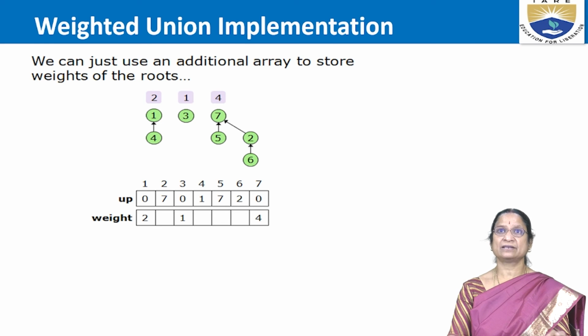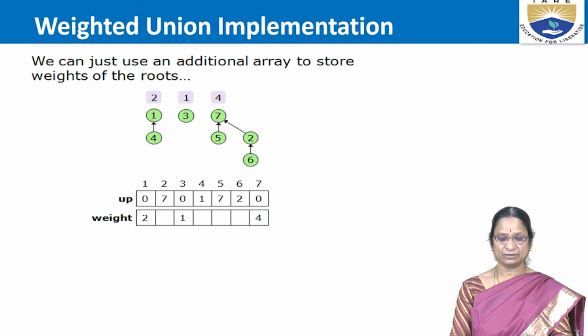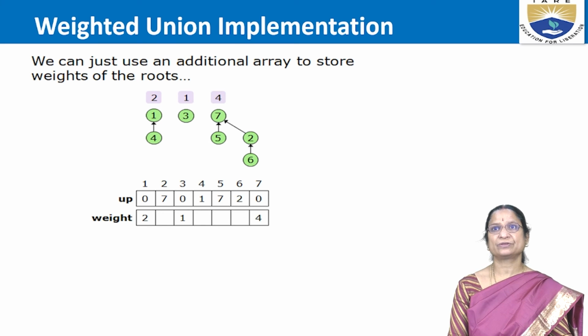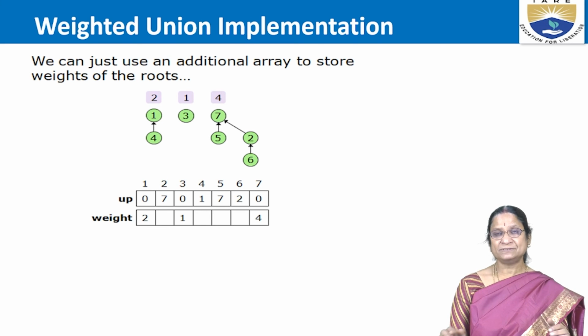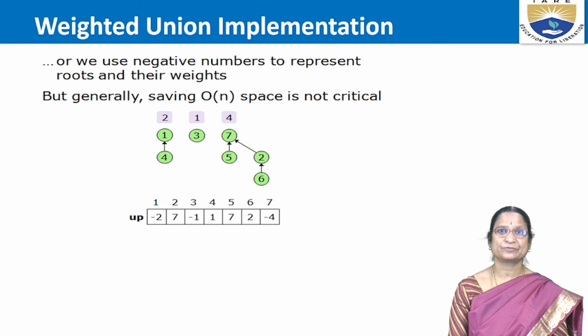Wherever zeros are there, those nodes are roots, or representatives of the tree, and whenever a tree is generated we put its weight. So we can just use an additional array to store the weights. For the tree 1 it is 2, for the tree 3 it is 1, and for the tree 7 it is 4. Please observe that weights are represented only for the roots.